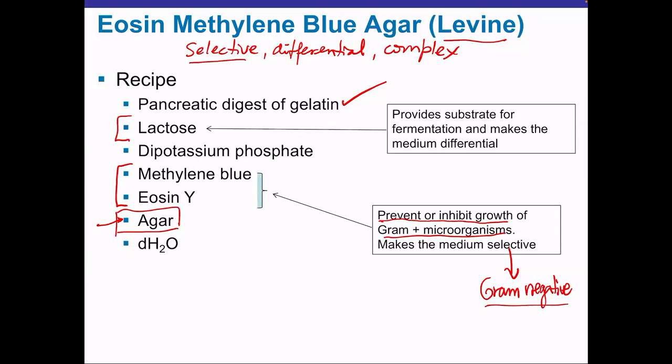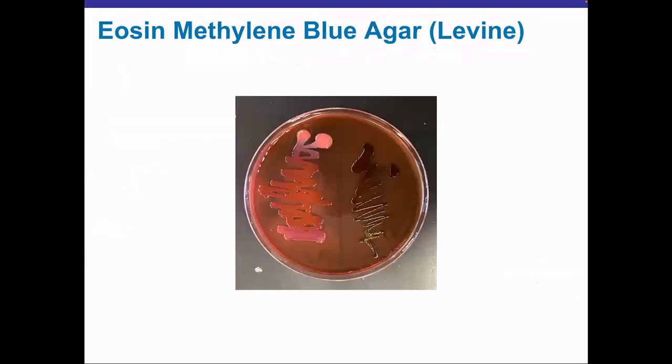Now, the EMB, again, is differential because it can distinguish between gram-negative organisms that ferment lactose and those that do not. The rapid and vigorous lactose fermentation produces a lot of acid, and this high quantity of acid lowers the pH.